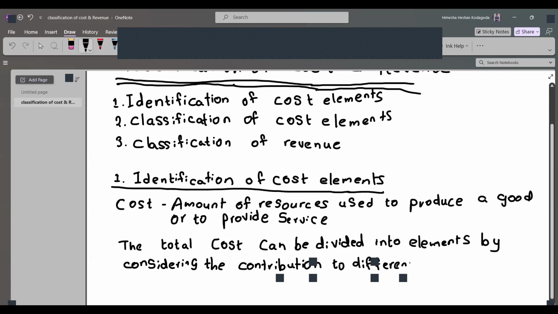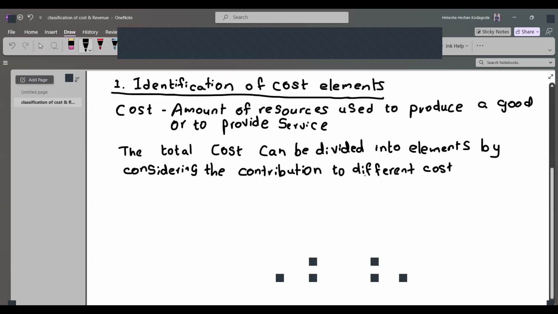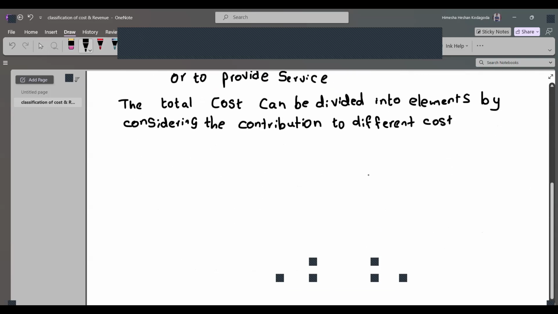Okay, now what we need to do, right? I'll do it here.